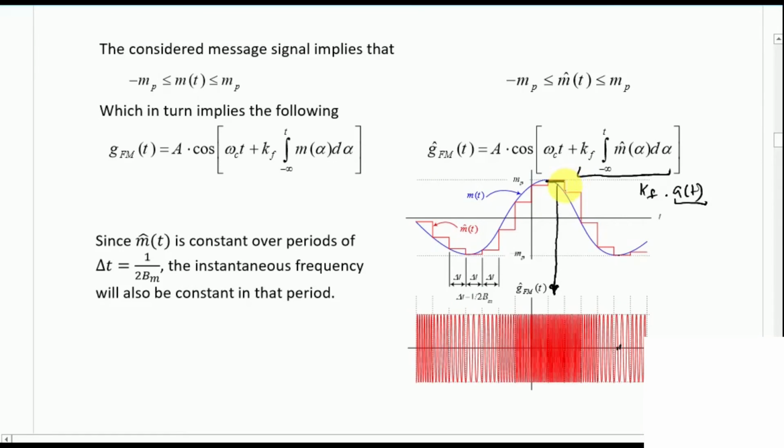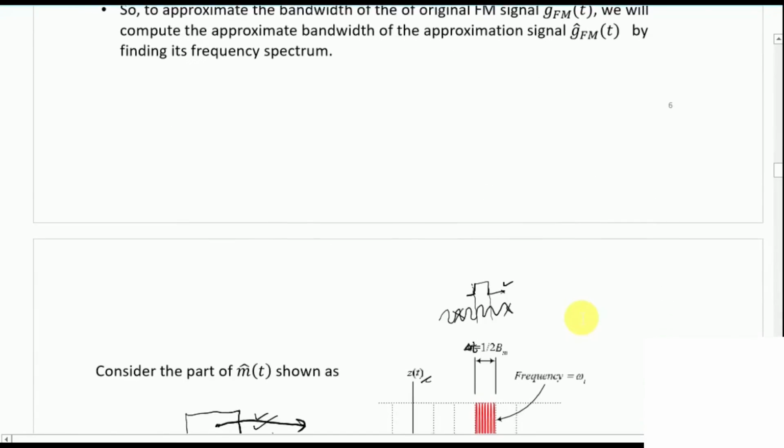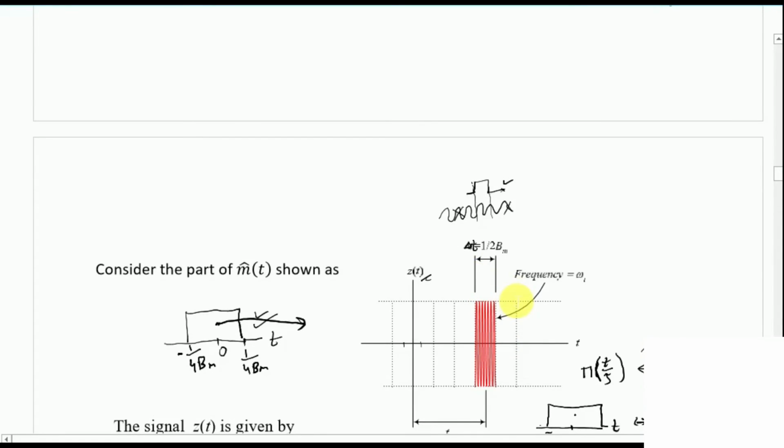So if we have lower amplitudes like this, the number of oscillations would decrease, and we can follow the same principle.